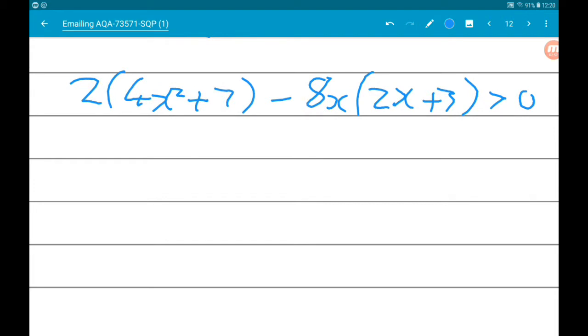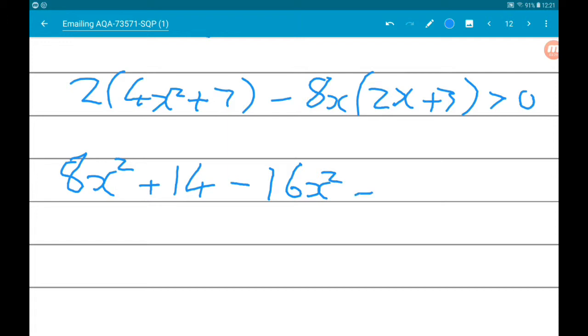Okay, now let's expand the brackets. So 2 lots of 4x squared is 8x squared. 2 lots of 7 is 14. Then we go minus 8x times 2x is minus 16x squared. Minus 8x times minus 3 is minus 24x.